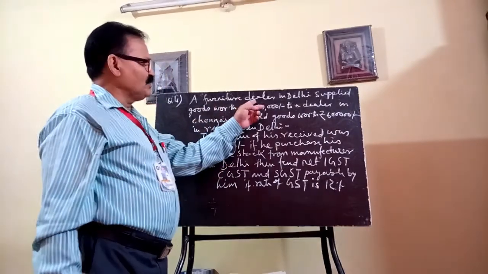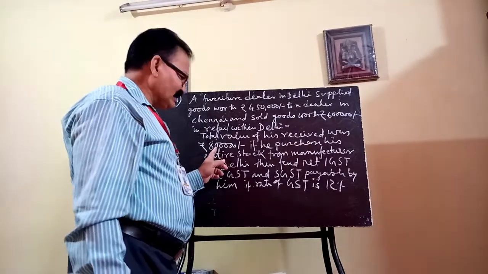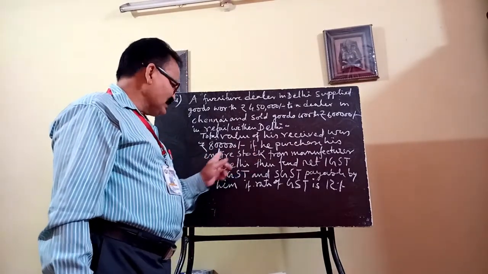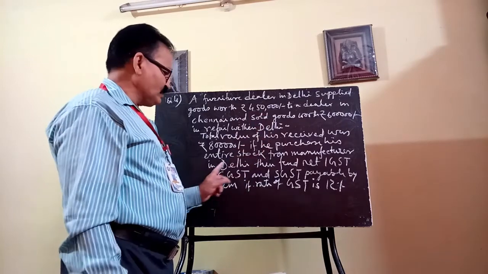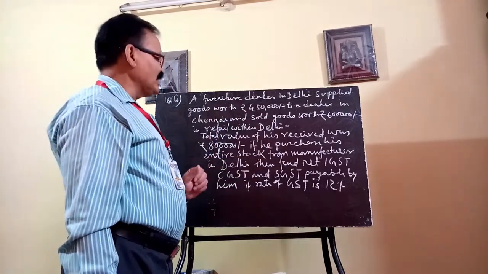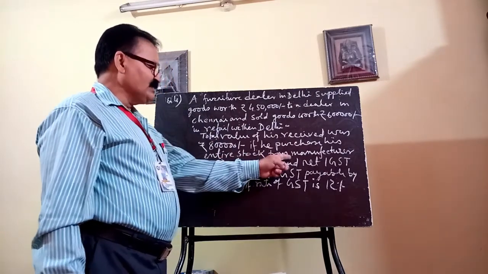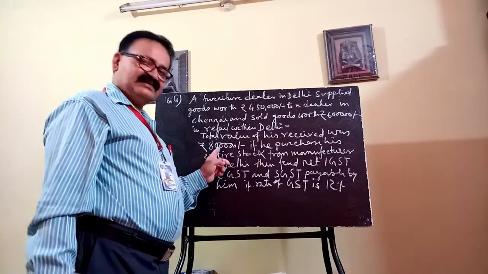This dealer of Delhi received furniture of 8 lakh and he purchased the entire stock from the manufacturer of Delhi itself. That means the dealer is also at Delhi and the manufacturer is also at Delhi.